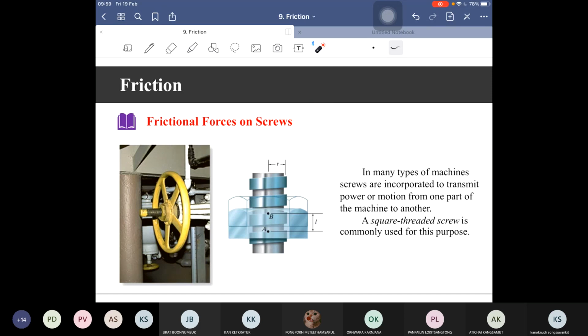But in many types of machines, they are used to transmit power or motion from one part of the machine to another. For example, the wheel to open a valve. We need to transmit the rotational movement into translational movement like this.